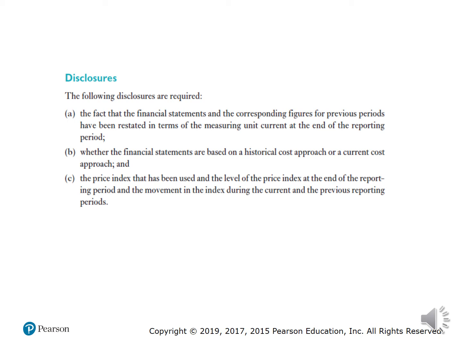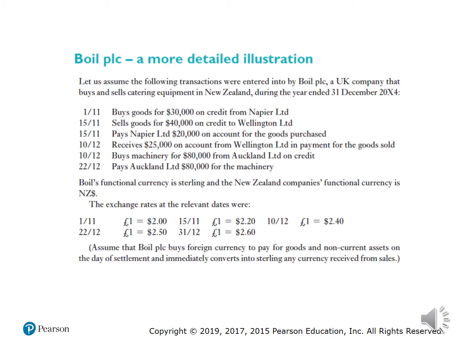That this is the index I have used. And what is the index at the end of the accounting period? What was the index last year? And what is the movement of the index? That should be clearly mentioned in the notes section after preparing your financial statement.